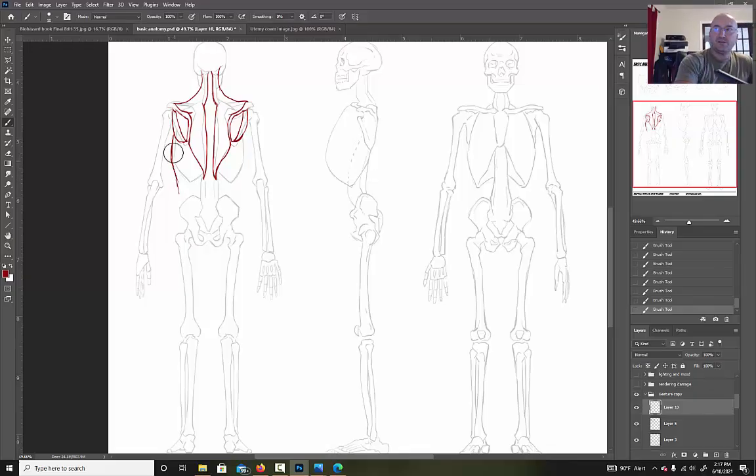I like how scratchy that was looking. So this one, we're going to make a little half circle here.